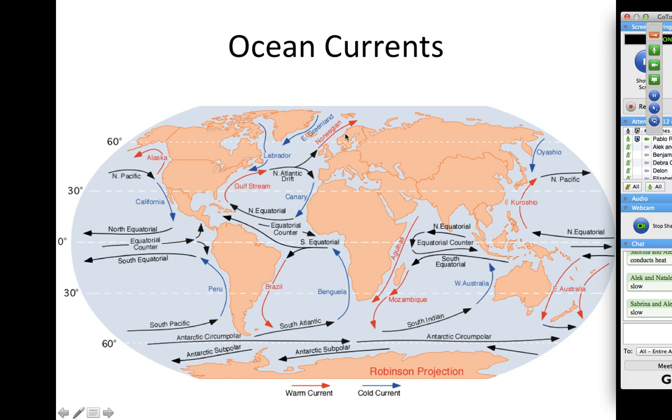And the reason why here in Europe it remains open is because of this conveyor belt of heat that transfers so much heat there. And I'm not saying that it's so hot that you get into the ocean and you are fine swimming with a swimsuit.